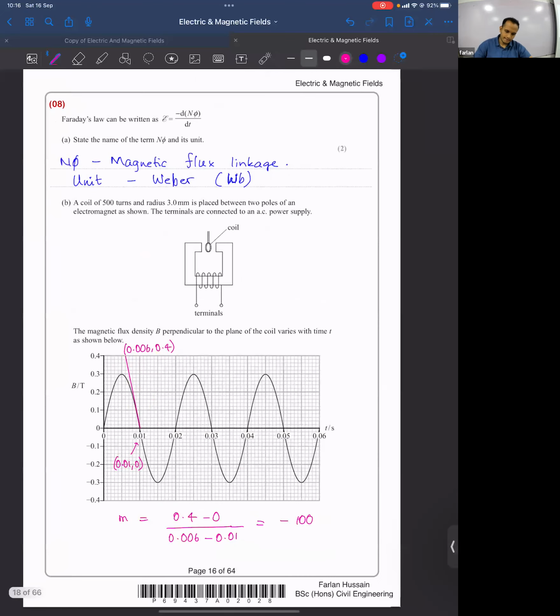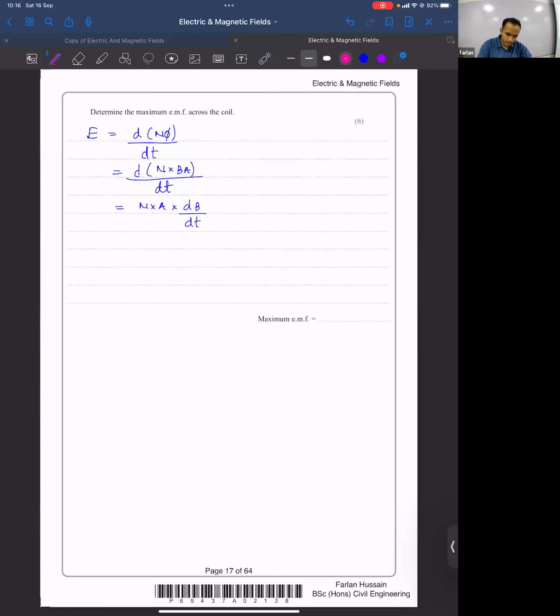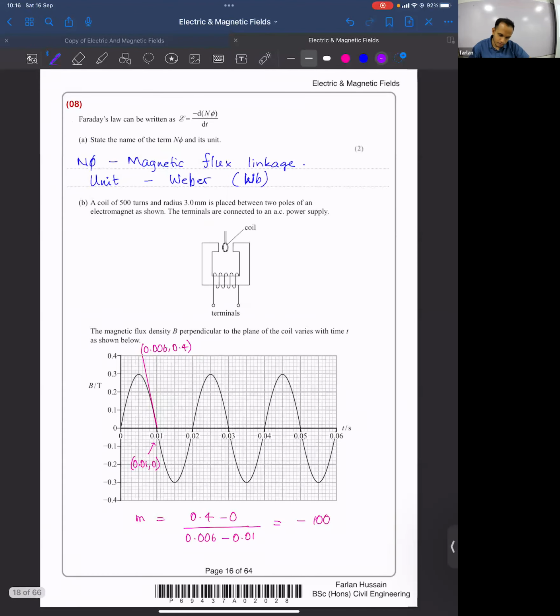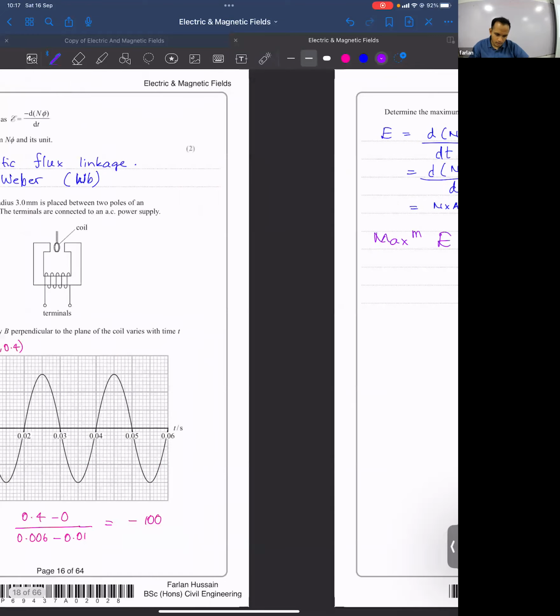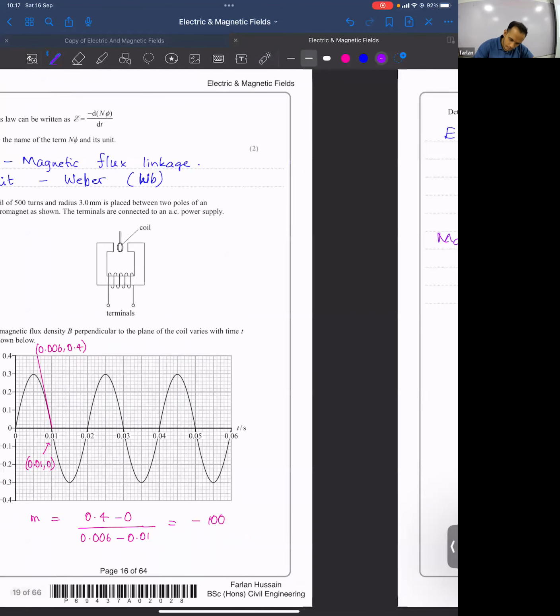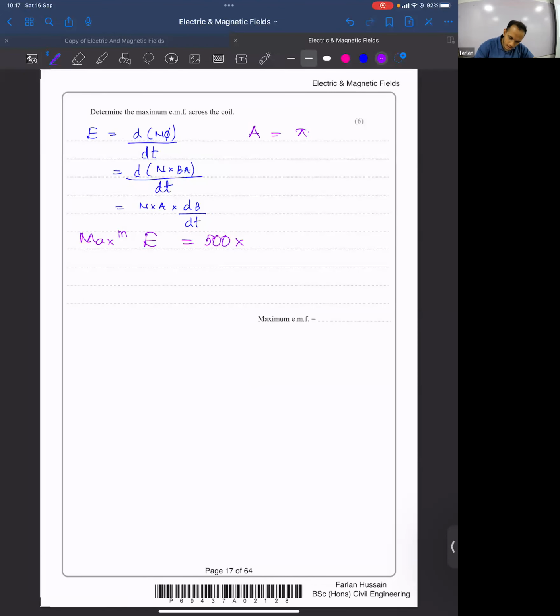So listen. To determine the maximum EMF induced across the coil, maximum E will be: number of turns is 500 turns. And the radius is 3 millimeters. Cross-sectional area is pi r squared, which is pi into 0.003 meters, squared.